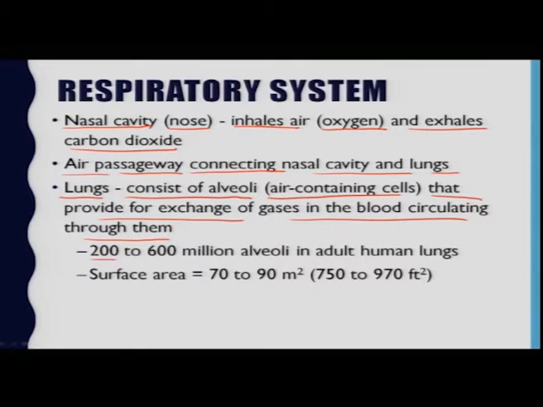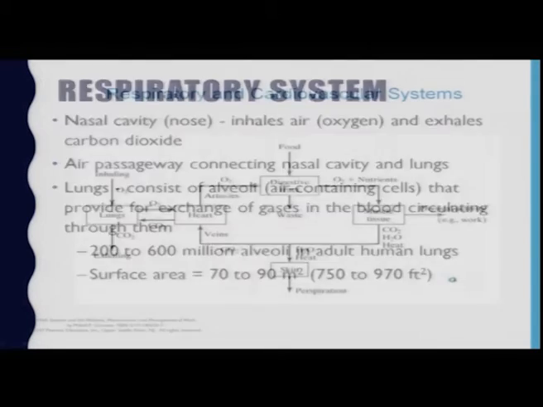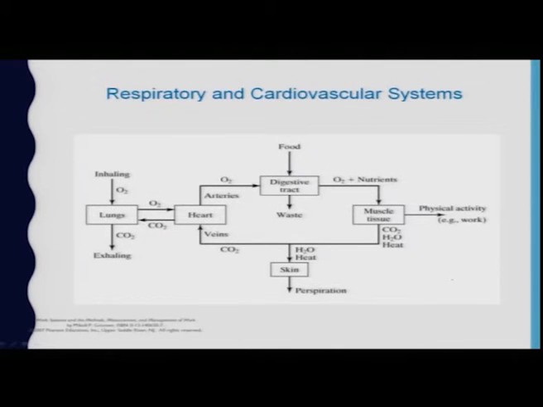There are 200 to 600 million alveoli in adult human lungs, and the surface area is 70 to 90 square meters, around 750 to 970 square feet. This is taken from the M.P. Groover book.